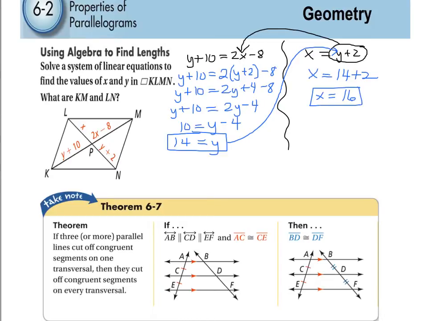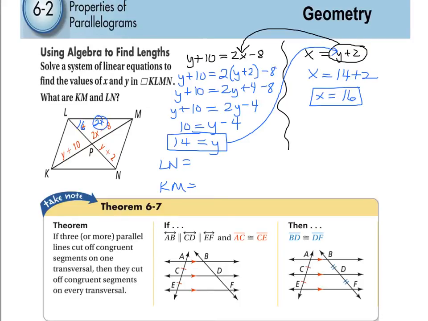Now I need to plug them in to find my values. Remember, I need to figure out the length of LN and the length of KM. If I plug in x to be 16, this side is 16. This is 2 times 16, which is 32, minus 8, which is 24.